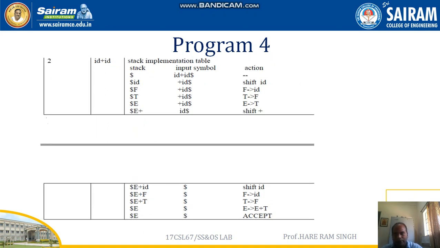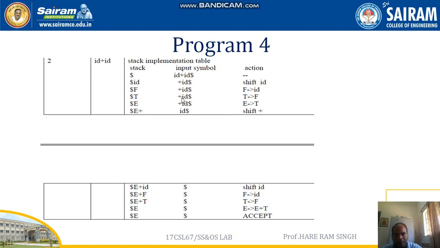Let us see another example. Suppose id + id. So here id + id $ is the input, and in the beginning dollar is present in the stack. No action. First is shift id. Id is shifted, the input left is + id $. Next, id can be replaced by F according to the grammar, and in the input what is left is +. So this is the reduce part.